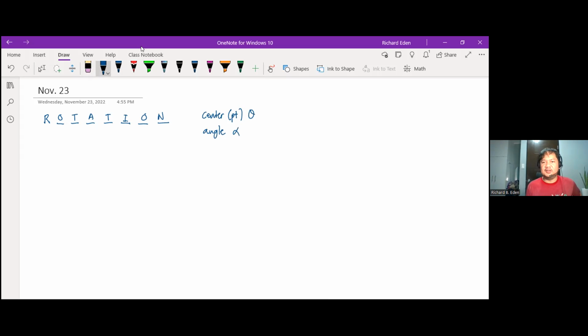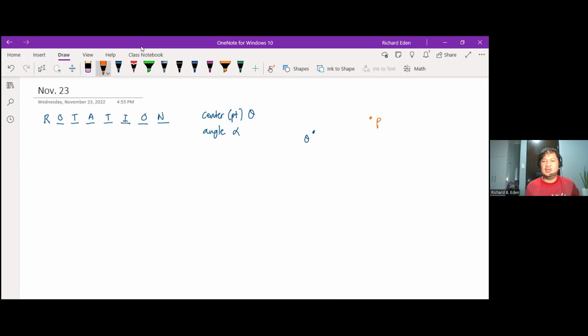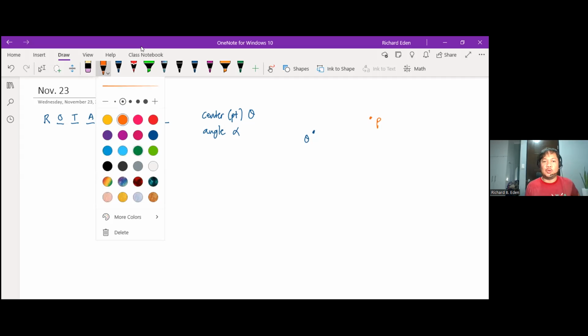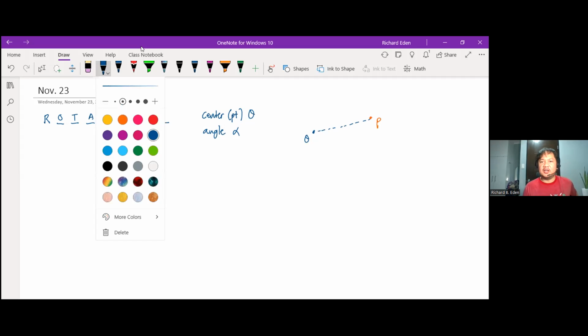So if this is O, and we have some other point P on the plane, we imagine a circle whose center is O, and then along that circle, we move that particular ray OP along an angle of alpha.